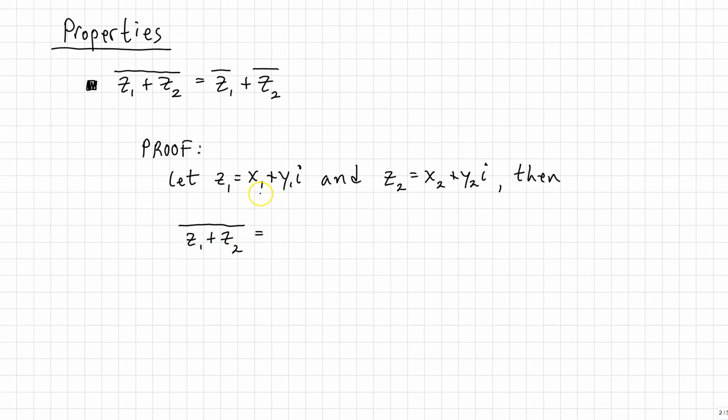So their sum, you would just add the real parts, so x1 plus x2, and add their imaginary parts. However, we want the conjugate of that, so the imaginary part has to be the opposite sign. So this would be minus.